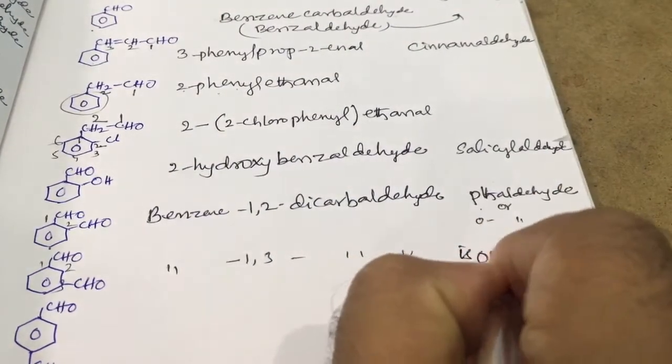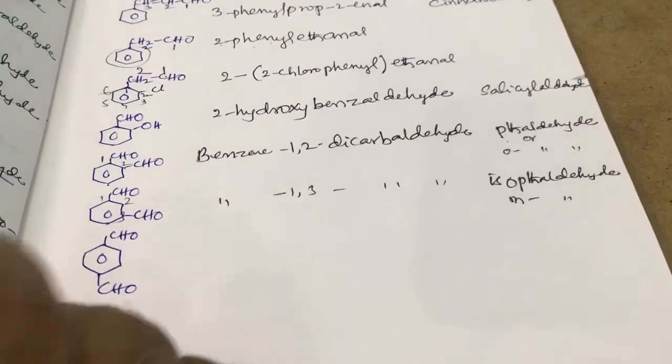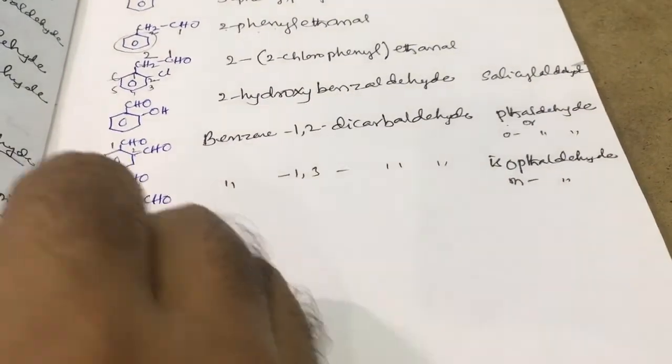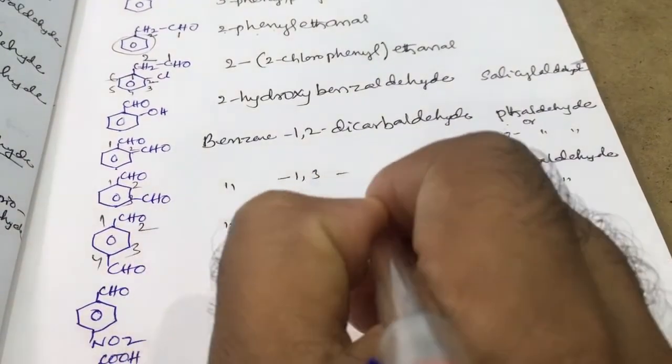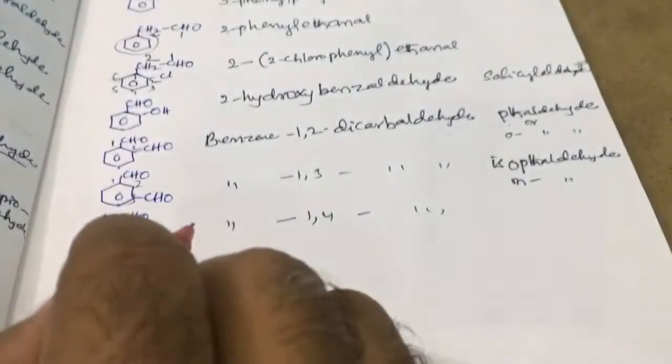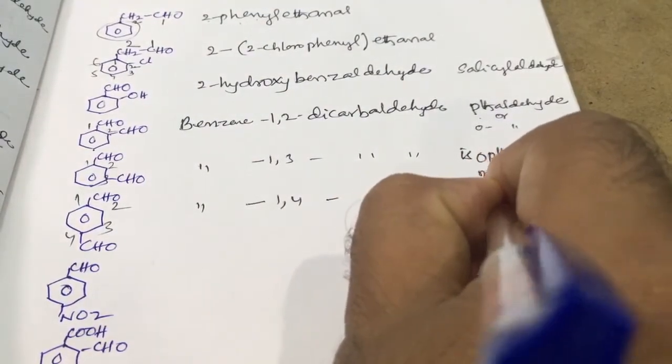Otherwise it is called metaphthalaldehyde. Next, the 1,4 position is there. 1 2 3 4, that is benzene 1,4-dicarbaldehyde. Otherwise it is known as terephthalaldehyde.